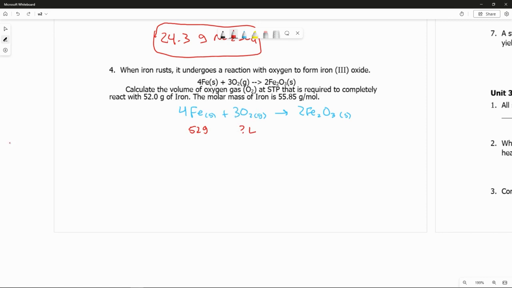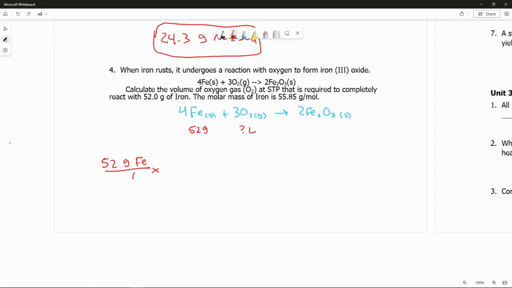All right, so based on this, we always start with our given data and the number that we're given. So 52 grams of iron. And then the molar mass comes into play because we got to convert into moles first in order to use our conversion factor.